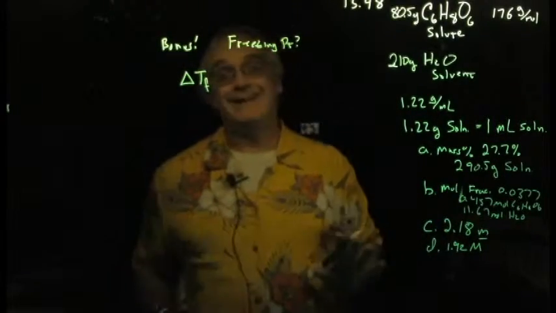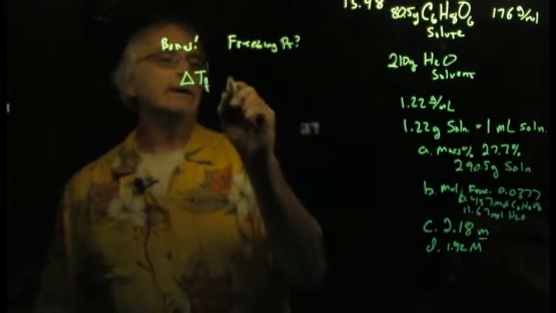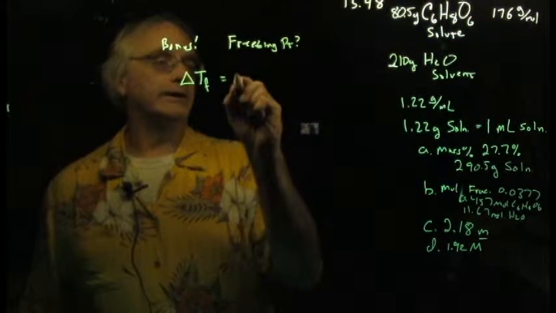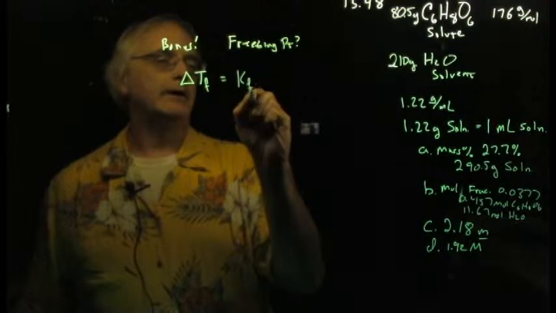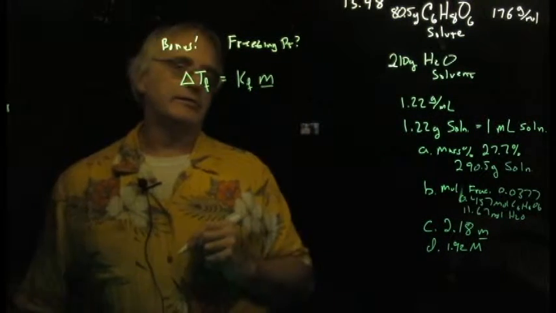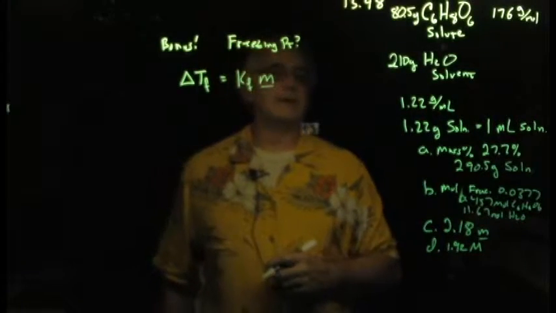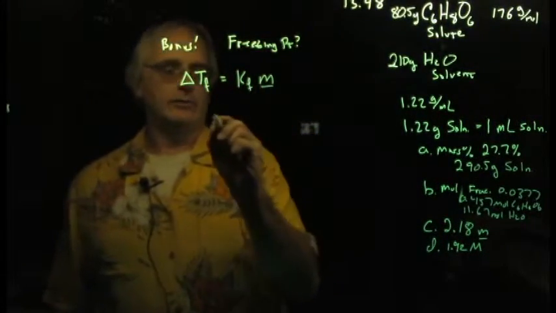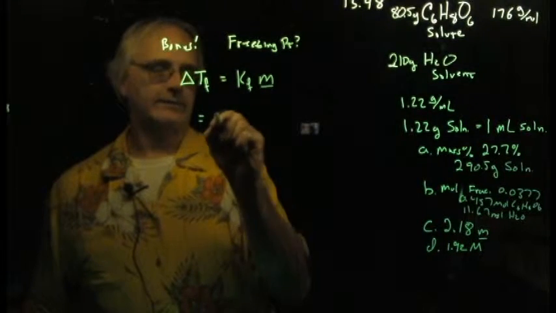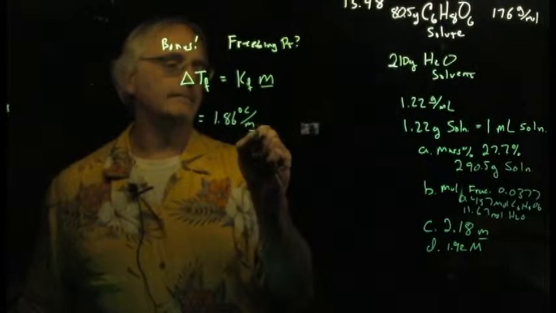As you remember, when you put anything into water, you're going to push that freezing point to a lower temperature. It is simply related to the freezing point constant for water, Kf, and we'll give you the value in just a moment, times the concentration of the solute in there, and this time it's expressed in molality. And so for water, the constant is 1.86 degrees C per molal.